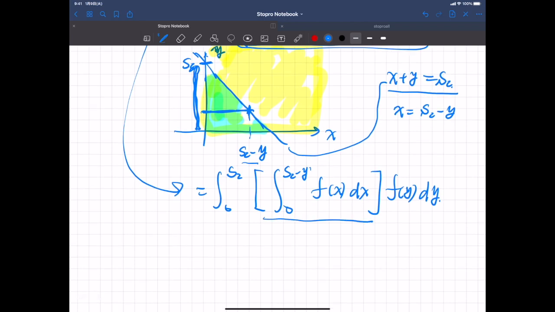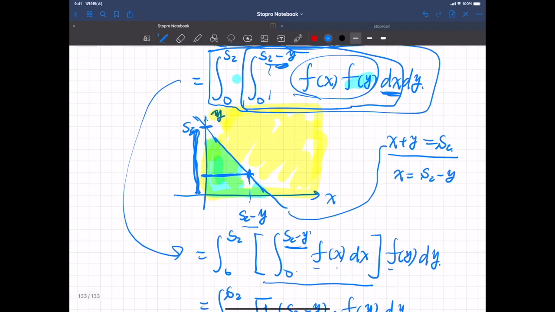This f of x is the density function of T, and we integrate it from 0 to a certain value, and that is the cumulative distribution function. And so we have here capital F of this value, s2 minus y, times f of y dy. So this is F2 of s2.